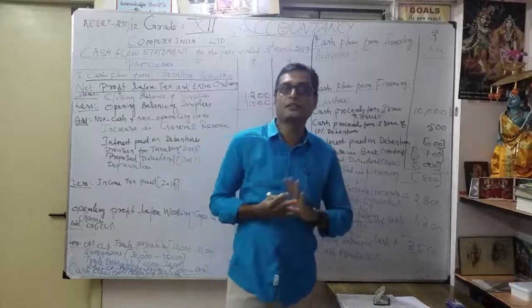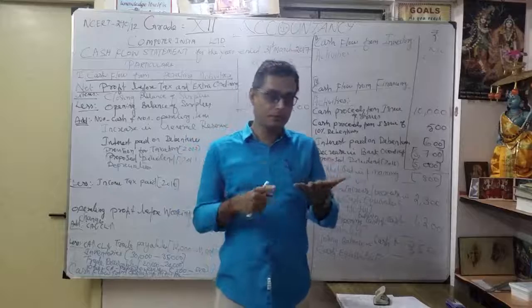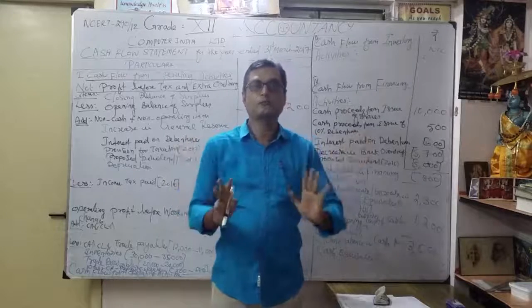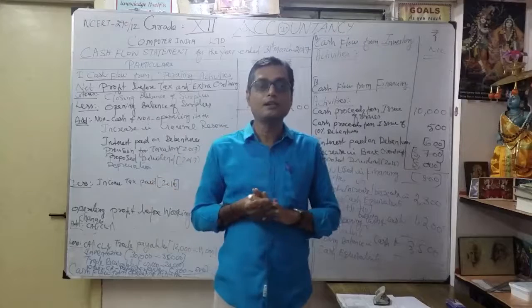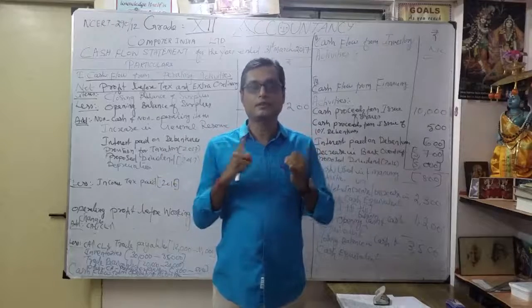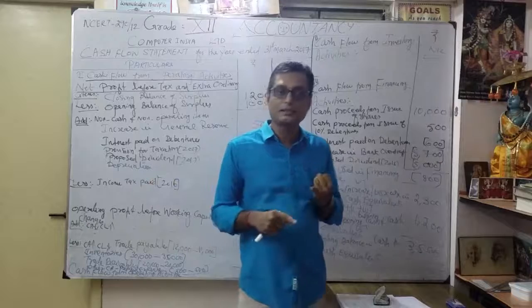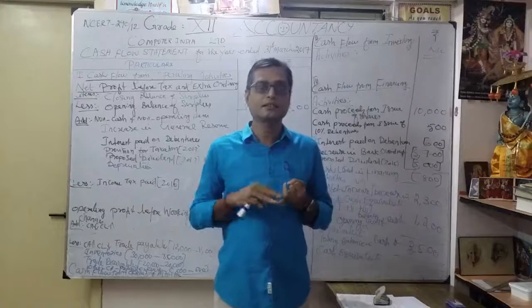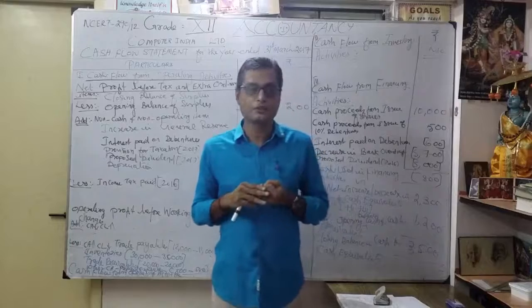We started from April onwards: April, May, June, July. Now it is almost four months. We completed the financial statements first. Thereafter, the accounting ratios, under which we discussed the different tools of accounting ratios, right?